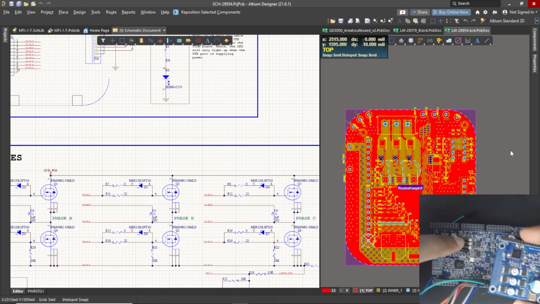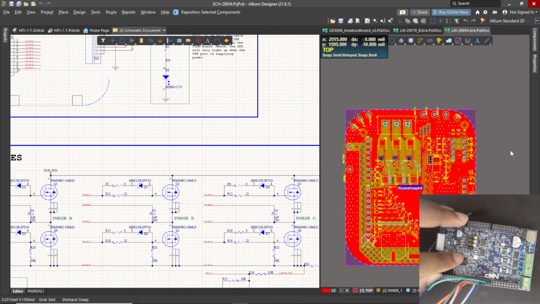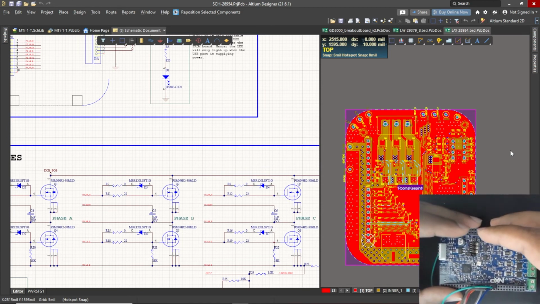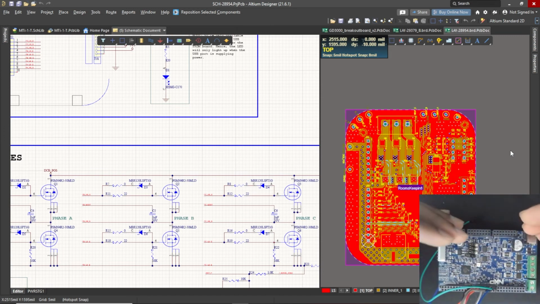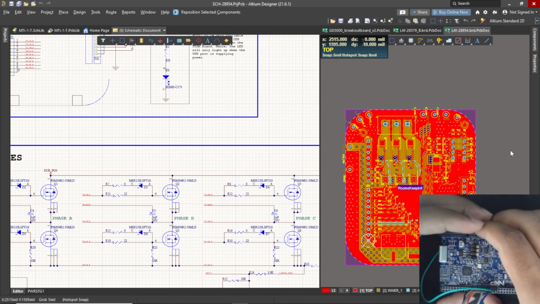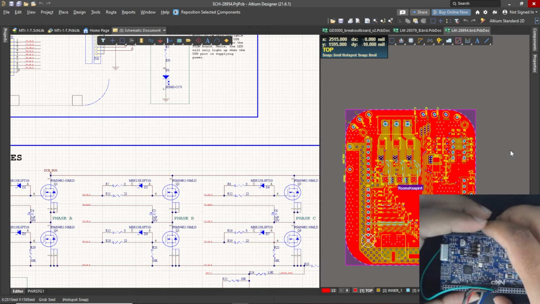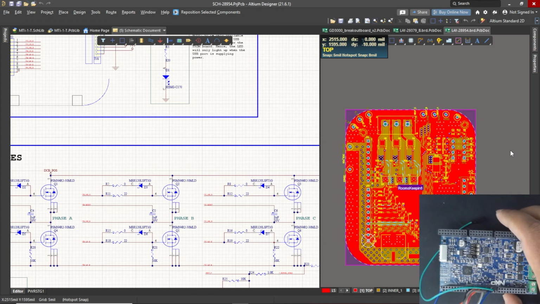This is the GD3000, and it doesn't matter. The reason why I'm using the layouts for this particular pre-driver is because I'm working with it, and the schematic is all very similar, so it gives me a better understanding of how to do it. But I think the idea of designing the PCB is still going to be the same no matter what pre-driver I use, and this is particularly a BLDC pre-driver.